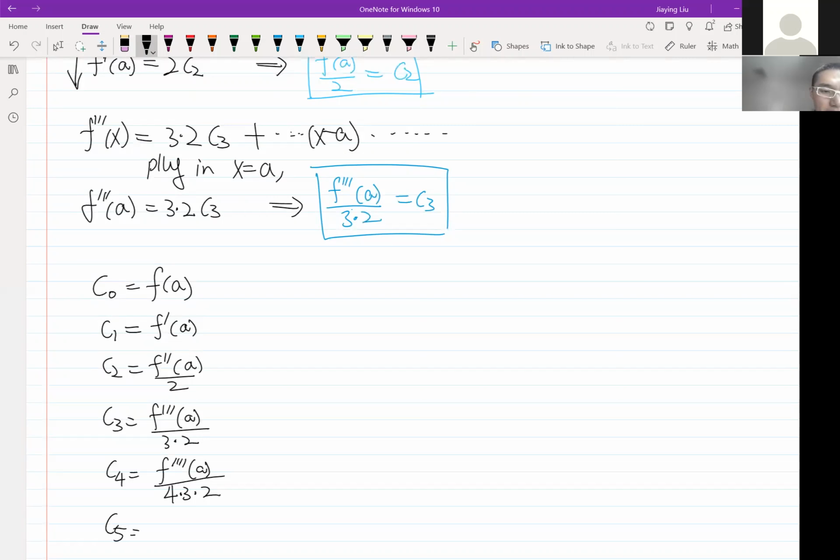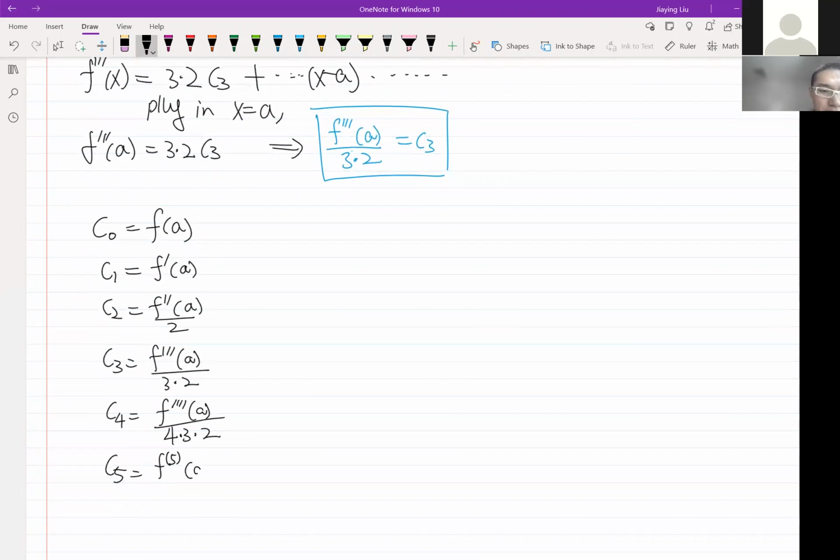And C5 is equal to the fifth derivative, and normally we write that as a parenthesis with a little 5 in it. So that means fifth derivative, divided by 5 times 4 times 3 times 2, and it continues.